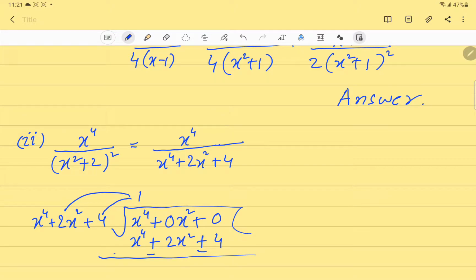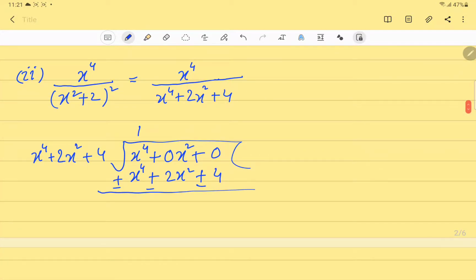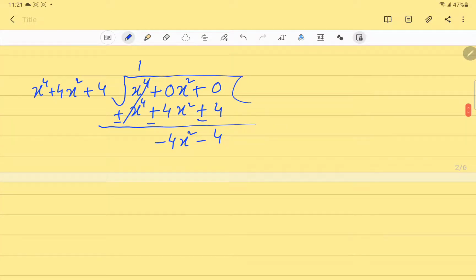Now we subtract it, so the sign will change. This term cancels, so we are left with minus 4x squared minus 4. Again my mistake, it is 4x squared. So we are getting minus 4x squared minus 4 as numerator now.